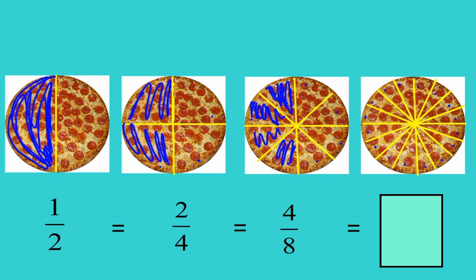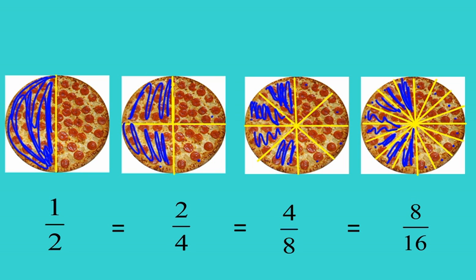In order to eat the same amount as 1/2, 2/4, and 4/8, I would have to eat 1, 2, 3, 4, 5, 6, 7, 8 pieces out of the 16 to equal 1/2. That would be 8/16. 8/16, 4/8, 2/4, and 1/2 are all equivalent fractions.